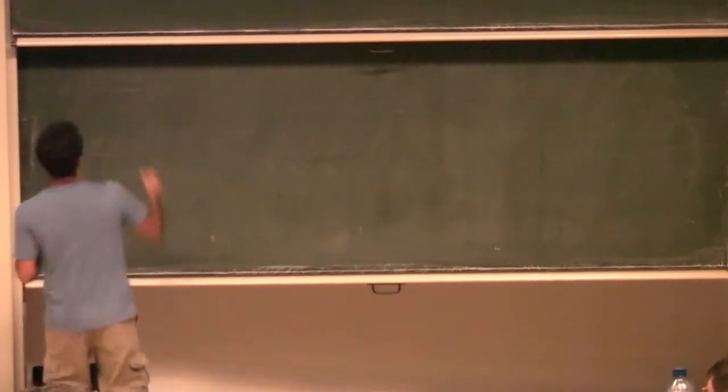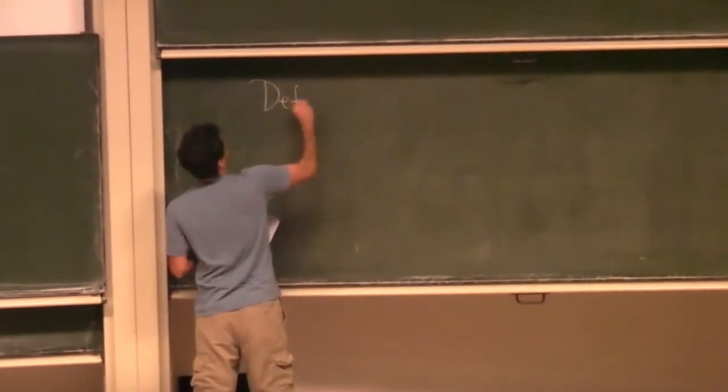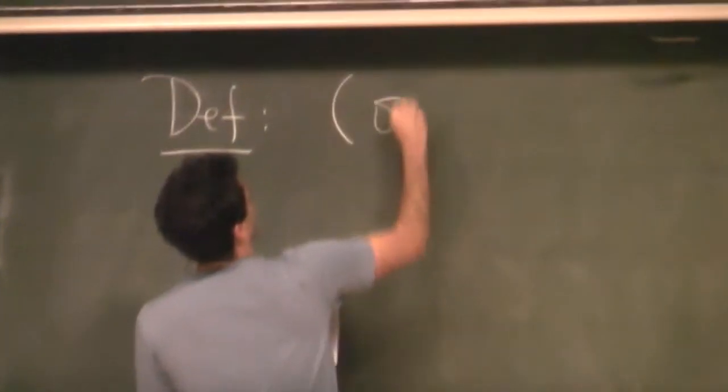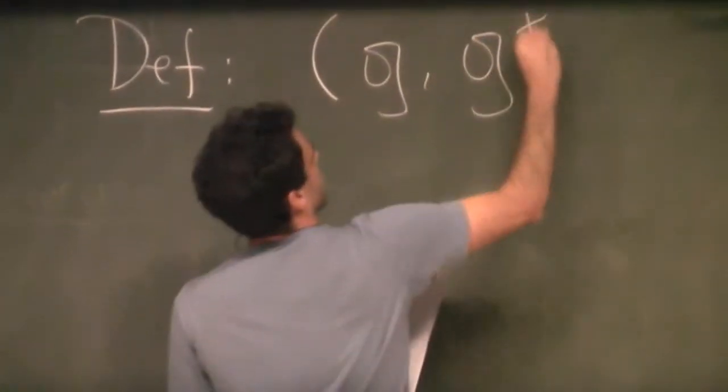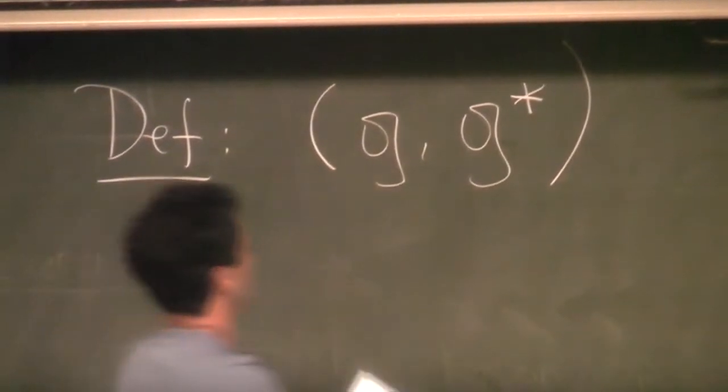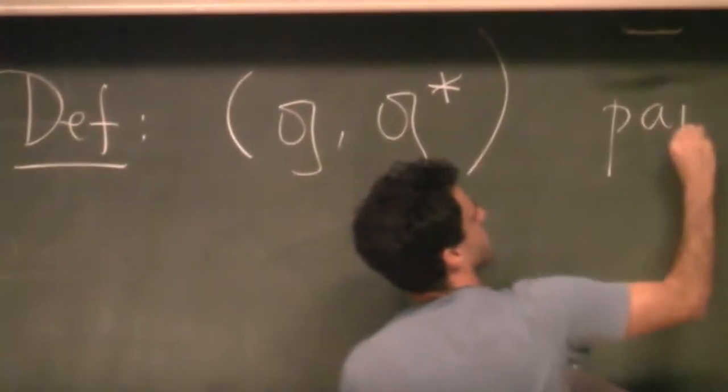Okay, so the definition of a Lie bialgebra is that you have a pair given by a vector space and its dual, and suppose that they are both Lie algebras.